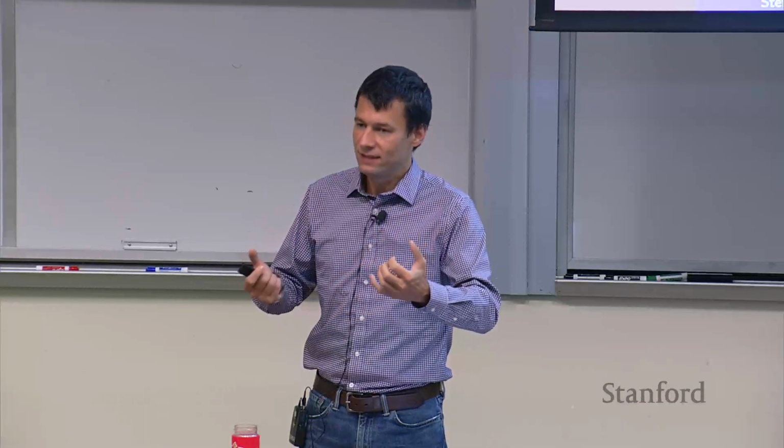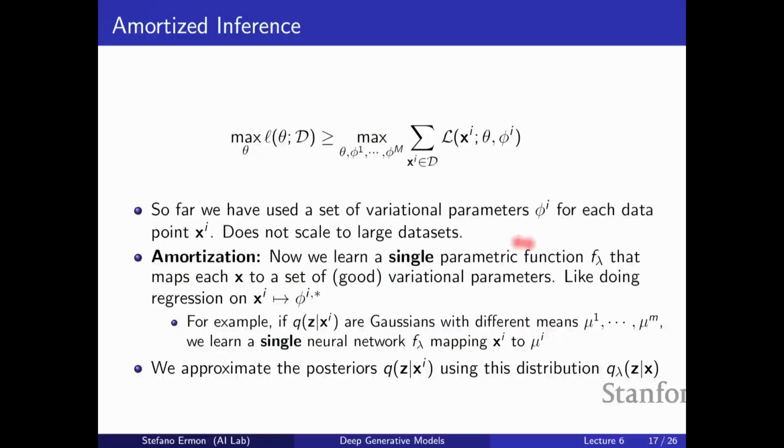You don't actually ever get the phi's. What you do is you just optimize the ELBO as a function of these, let's say, lambda parameters here. Oh, I see. And so you never actually compute these phi stars. You just restrict yourself to the phi's that can be produced by this single neural network.